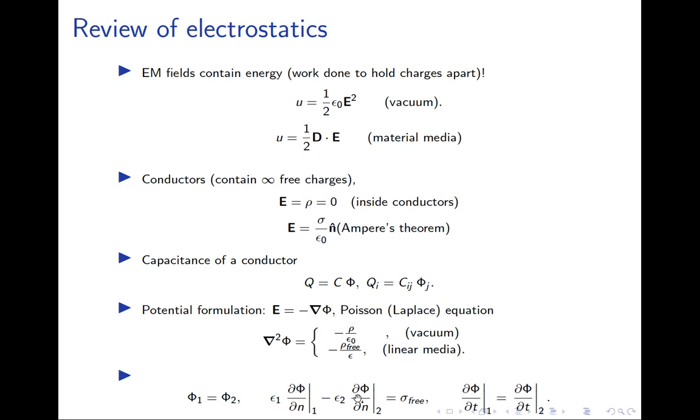Second, Gauss's law says the normal derivative of the potential times the epsilon of that region is discontinuous, and the jump is equal to the amount of free charge deposited on the boundary of the two dielectrics. And of course, the tangential component of the electric field is continuous across the boundary, which means that the tangential derivative of the potential on both sides of the boundary should match. These matching conditions are important to solve this equation.